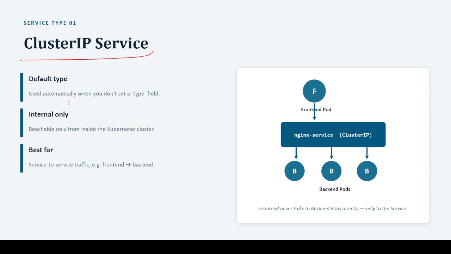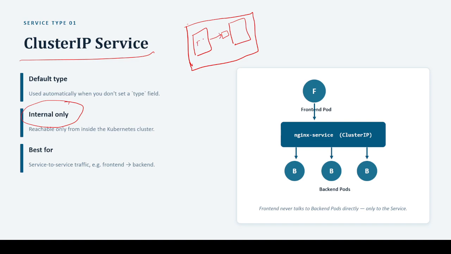One important thing to notice is that the ClusterIP service is used internally only. What does internal mean? This is a question people ask in interviews, and they have asked me as well. Suppose you have this cluster, with a front end service and a back end service, and this is your ClusterIP service.